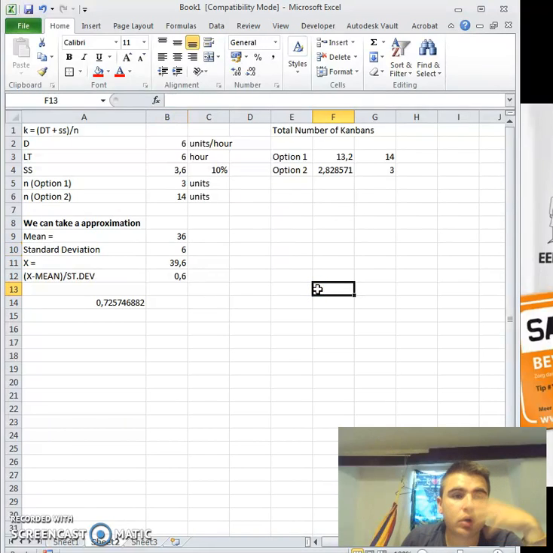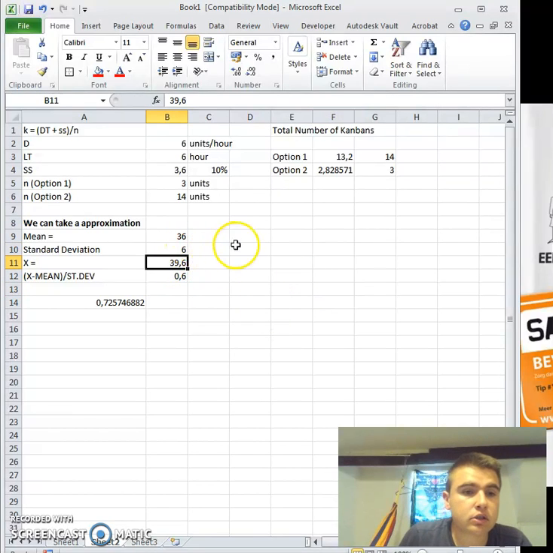In a Poisson with 6 units per hour, the variance is 6 units per hour, so over 6 hours, if we take a normal approximation, we can simply multiply both the mean and the variance by 6, and then we have a mean of 36, a variance of 36, and the standard deviation is 6 because it's the square root, and x is the 36 plus 3.6, which is 39.6.